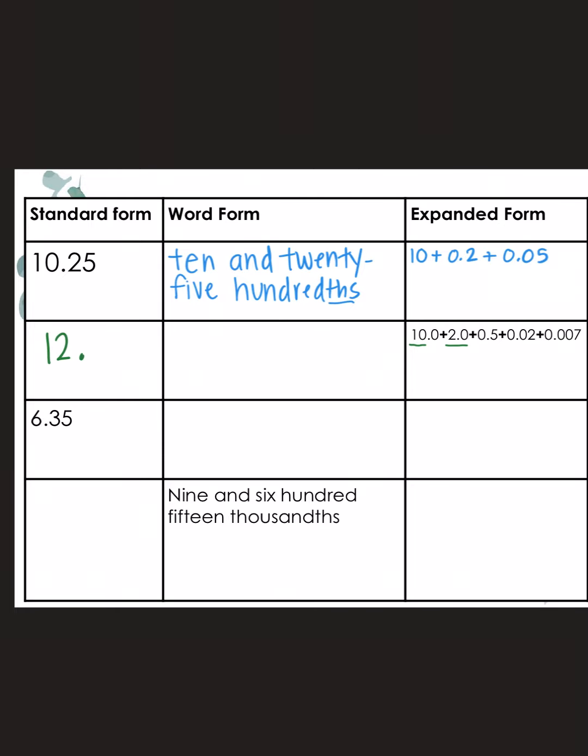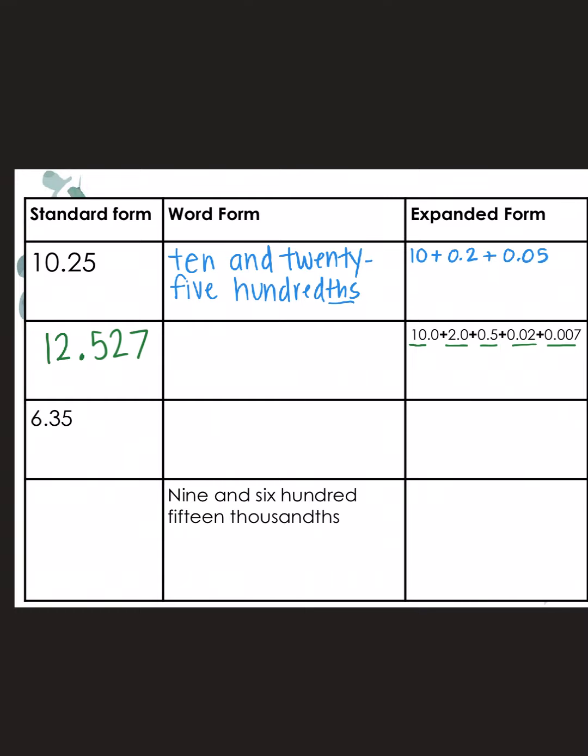Now let's take a look at what comes after that decimal point. I have 0.5, that's the tenths place. Then I have 0.02 in the hundredths place. And I have 0.007 in the thousandths place. If you go place by place, it actually makes it really easy if you have them in order. So here they're in order, and I can just write each digit 5, 2, 7 for the tenths place, hundredths, and thousandths place.